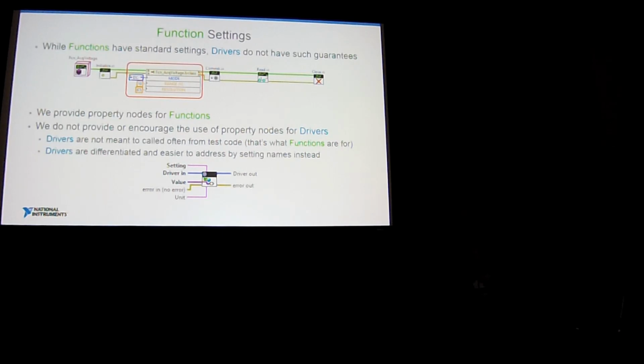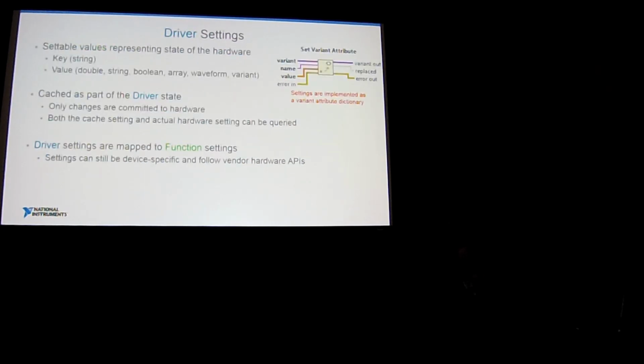You're not writing your tests against the drivers, generally speaking. But you can access the settings, just in a more generic fashion. Instead of a property node, we can ask for the setting by name. It's a little more powerful for a driver who knows exactly what it needs to talk to and how it interacts with its hardware. I'll go through another example of how this works in a little bit.